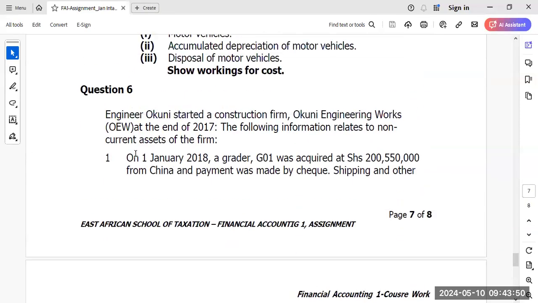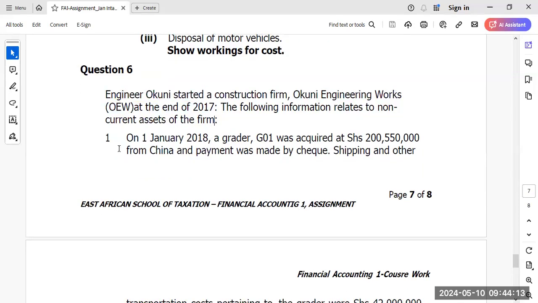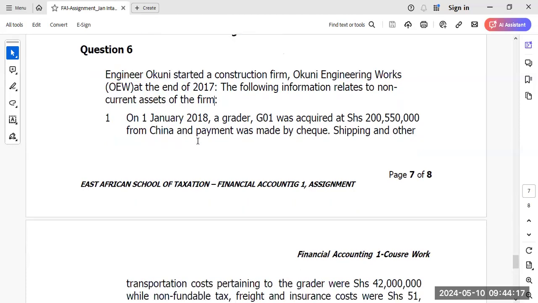So we start. They are telling us that this guy started a construction firm at the end of 2017. That's when he started. The following information relates to non-current assets of the firm. On 1st January 2018, the date matters a lot, colleagues.